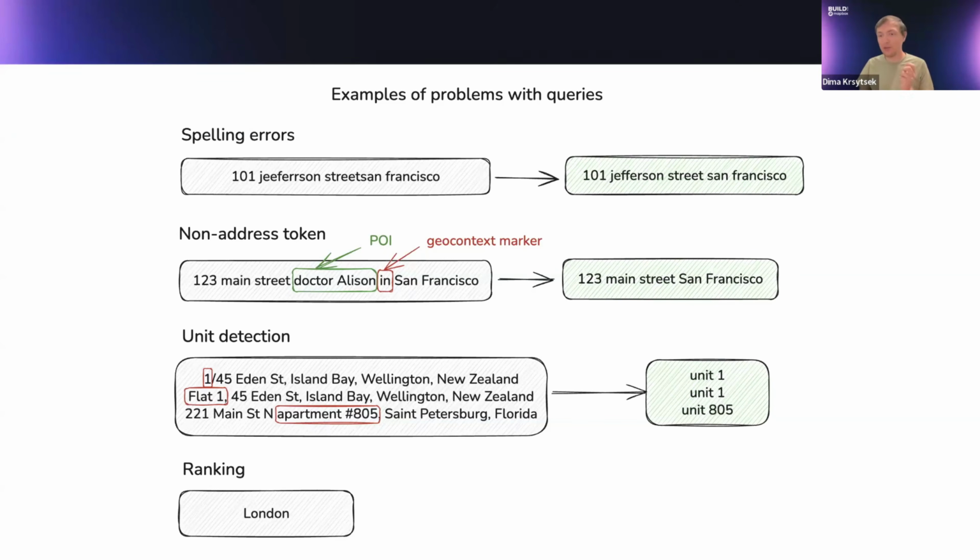And the last problem that I want to talk about is ranking. It can look simple. People are trying to search London, but where is London? Is it London in Britain? If you try to search London, in reality we have a lot of Londons in the world, and there are even a lot of Londons in the US.